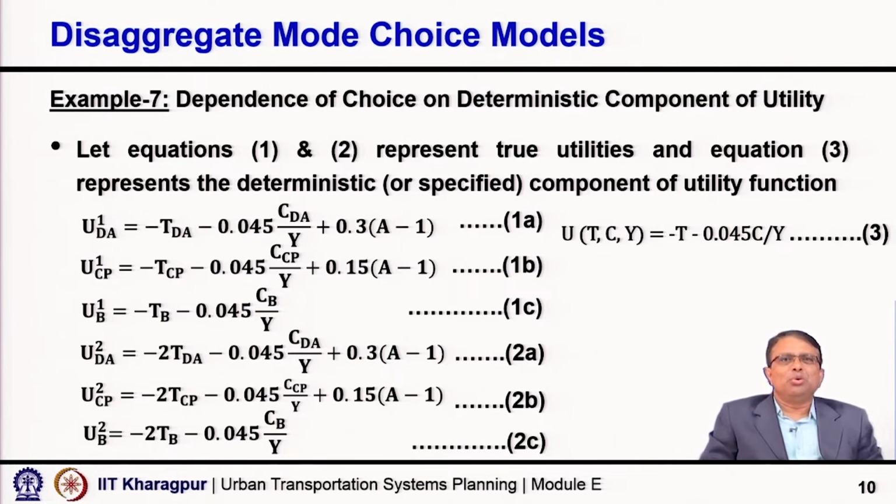You can say 1a, 1b, 1c are different in terms of considering car ownership, which equation 3 does not include, and equations 1 and 2 are also different from 3 in that the coefficient associated with travel time in equation 1 and equation 2 is different. In equation 2, it is basically double.